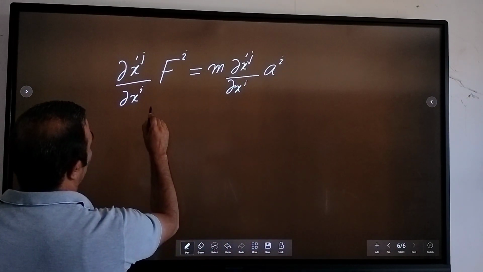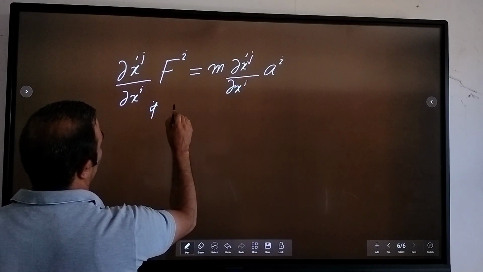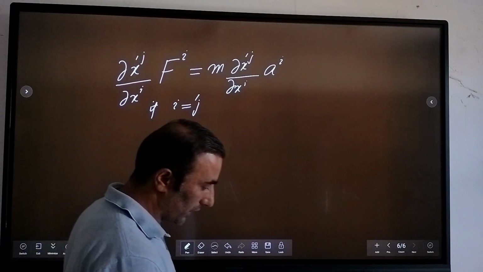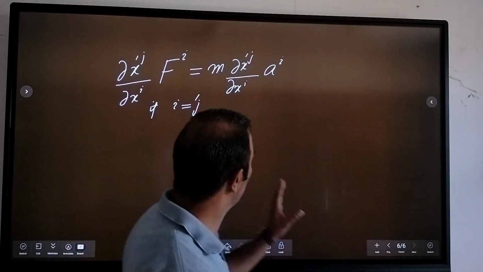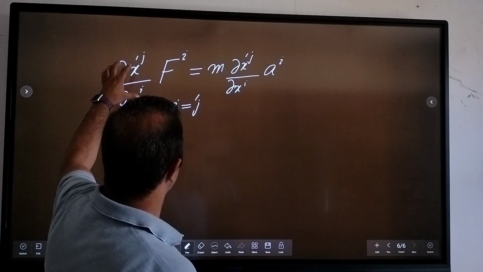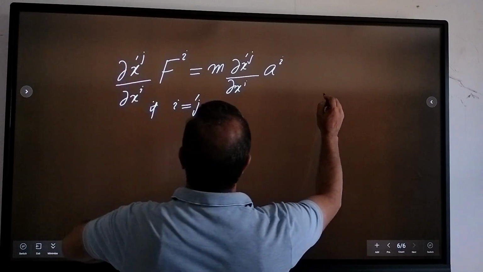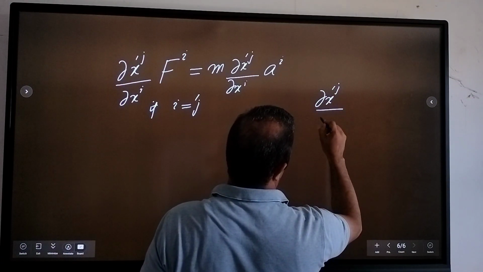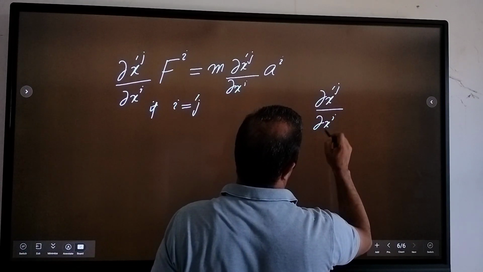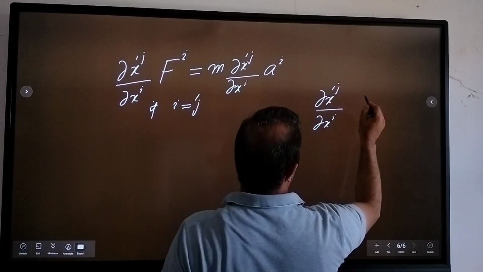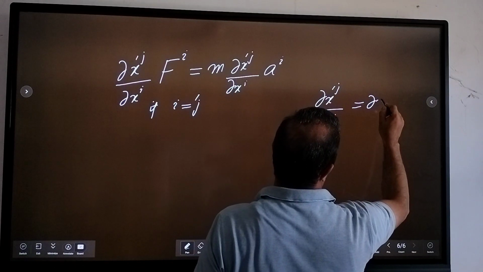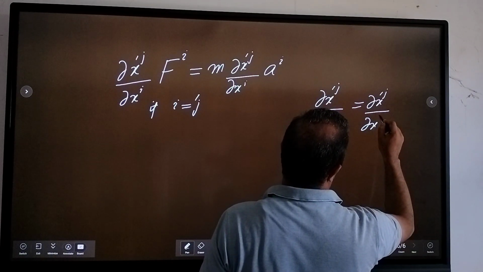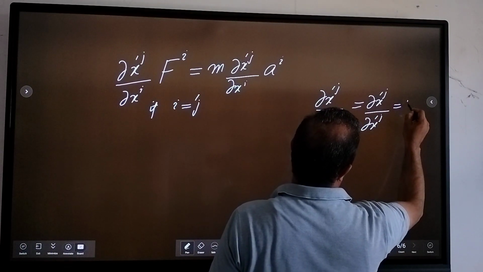So if I put now i equal to j prime, तो अगर i किसके बराबर होगा? j prime के बराबर. तो in that case, this term becomes partial x prime j by partial x i, so that's equal to 1.